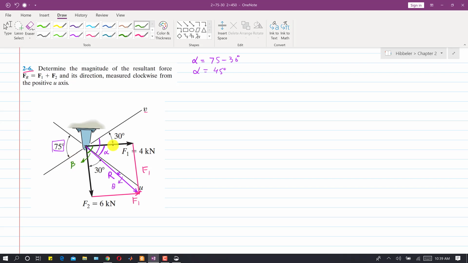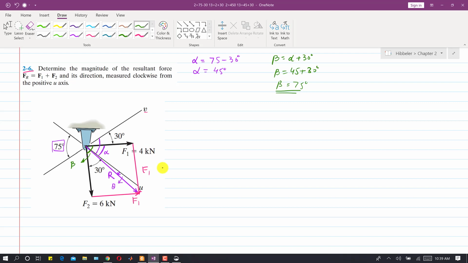So beta will be equal to alpha plus 30 degrees. So it is 45 plus 30 degrees, and again this comes out to be 75 degrees. So the angle between F1 and F2 is also 75 degrees, right? So now we know this angle.